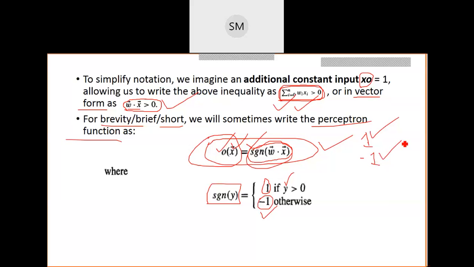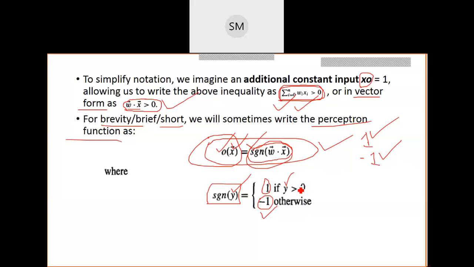See, previously I told you the output of perceptron will be either plus 1 or minus 1. Right? The same thing here I am telling you. Sign of w into x is nothing but one integer value, that is plus 1 or minus 1. It is plus 1 when whatever variable you pass to this function sign is greater than 0.